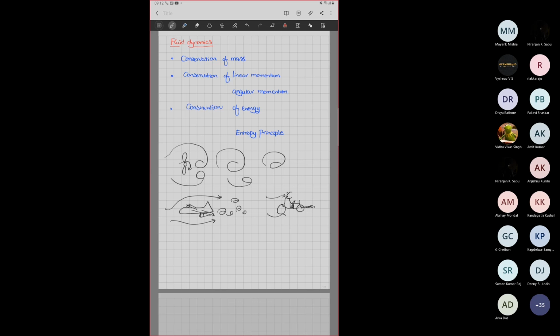And especially the first one, conservation of mass. For example, there is a wave breaking phenomenon. This is the sea, let us assume. I pick a very tiny element somewhere within the fluid in Eulerian coordinates.